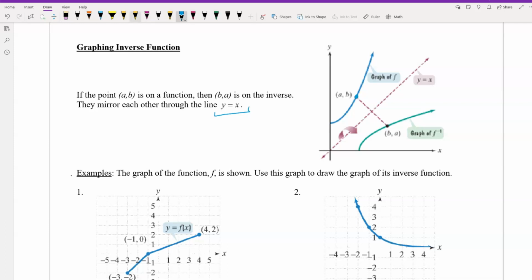Using what we have here, that is y equals x, drawing this line perpendicular to y equals x and crossing this point (a, b), we can find on the other side (b, a). So we can mirror all these points, all the points that we have on this graph, to the other side of y equals x.